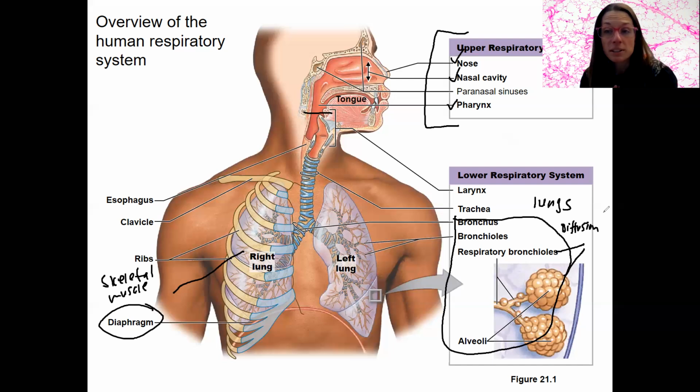Functions of the respiratory system, main one, right, is exchanging gases with our environment, with the atmosphere, obtaining oxygen and getting rid of carbon dioxide. There are two secondary functions I want to mention. One is speech. So this involves the passage of air out of the body in this case.